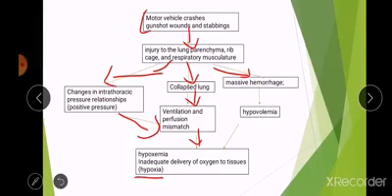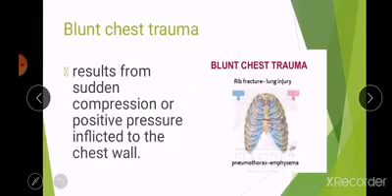Pag nagkaroon ng massive hemorrhage in the chest area, magkakaroon ng low blood volume in the body, leading now to your hypoxemia and hypoxia. So that is the simple pathophysiology of your chest trauma.